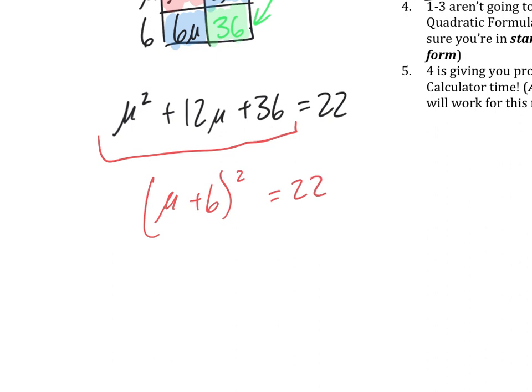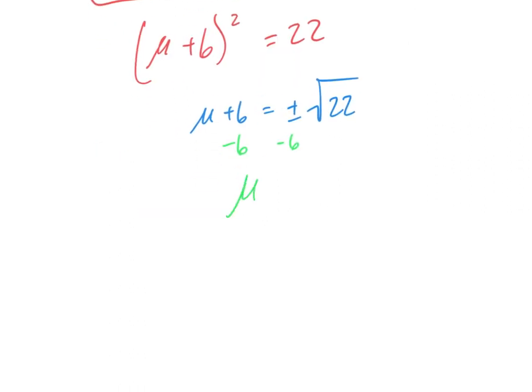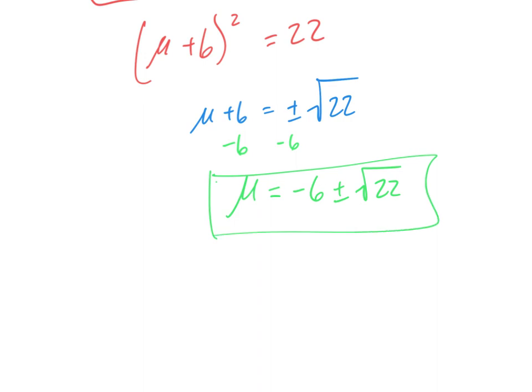Now we can solve for mu. We can get mu by itself. So we're going to rewrite this as mu plus 6 equals the plus or minus square root of 22, and then subtract 6 from both sides. So we get mu equals negative 6 plus or minus the square root of 22. I'm perfectly happy with you circling this and moving on with your life.